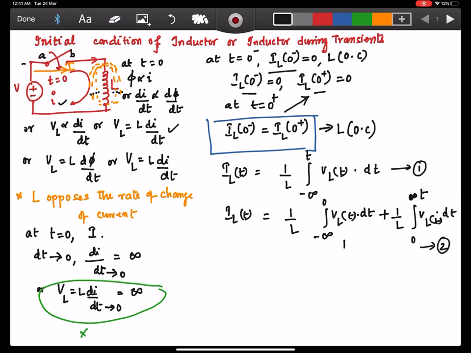Here, this is the value IL at 0 minus, and we know that this is the initial current flowing across the inductor at IL 0 minus.